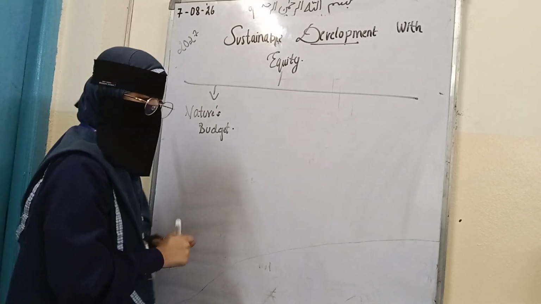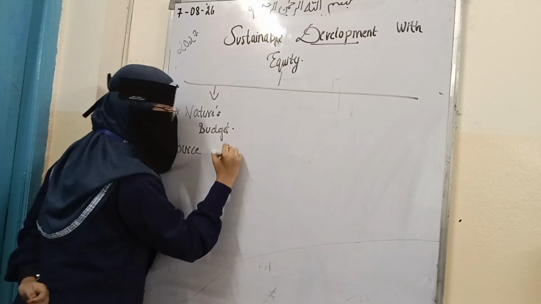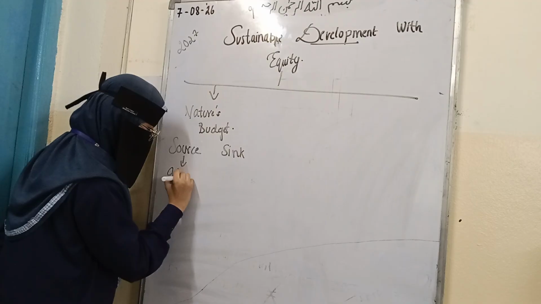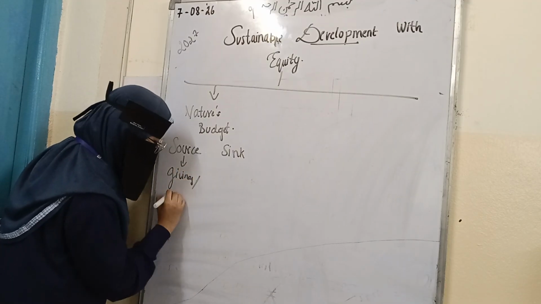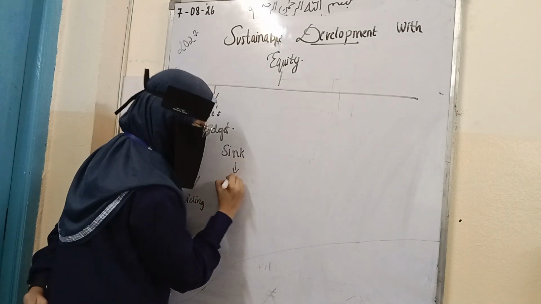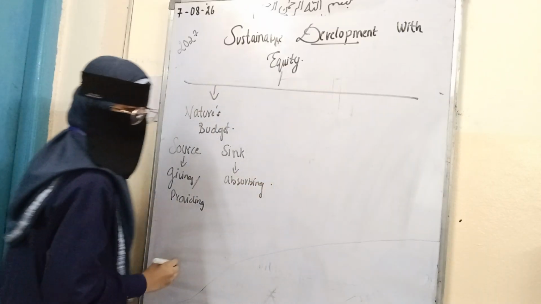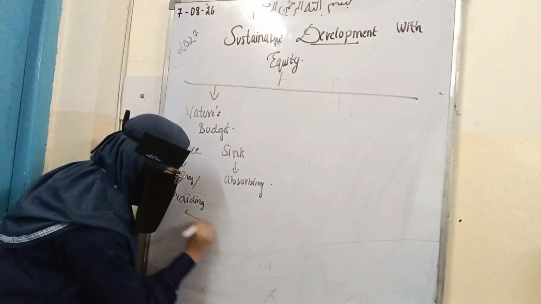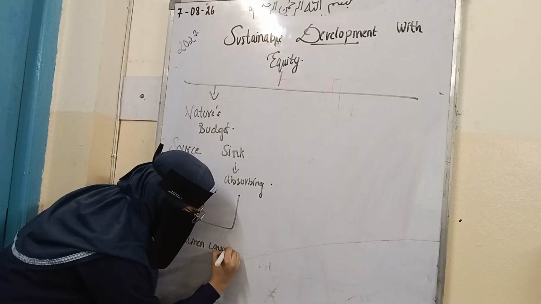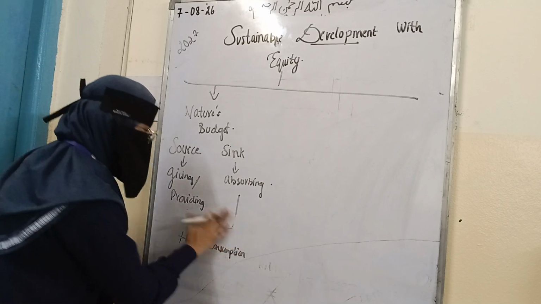Nature's budget. Here, source means giving, supplying or providing, whereas sink means absorbing, or human consumption.